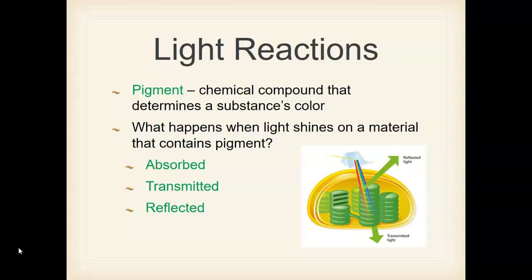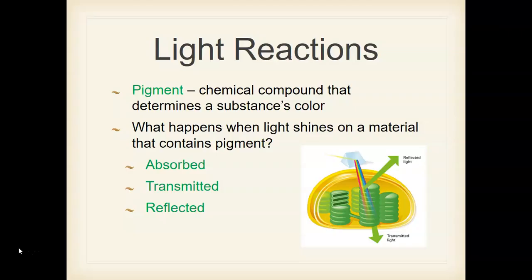And so when that light shines on a particular material that contains a pigment, that light has three options in terms of the colors and energy that it has associated with them. That pigment can either absorb that light, it can transmit it, which means it passes it straight through the material, or it can reflect it, which means it bounces it back to your eye.